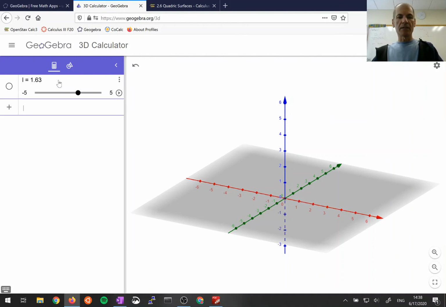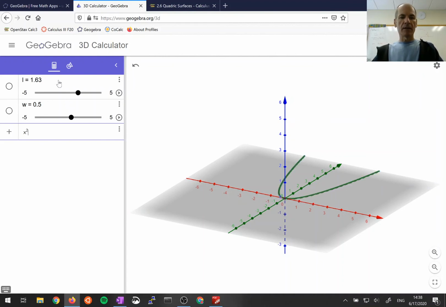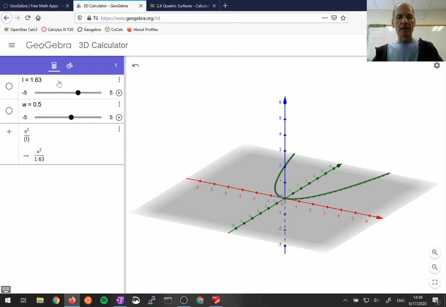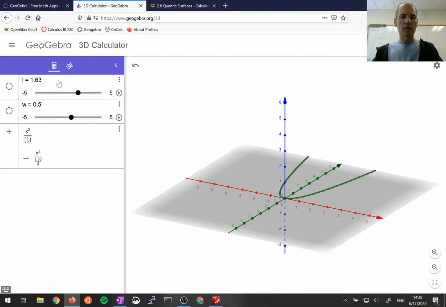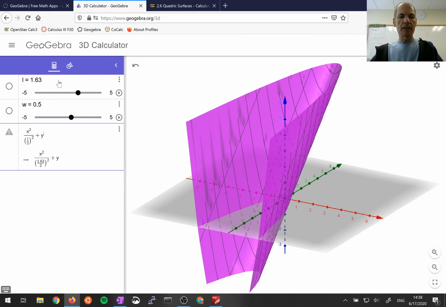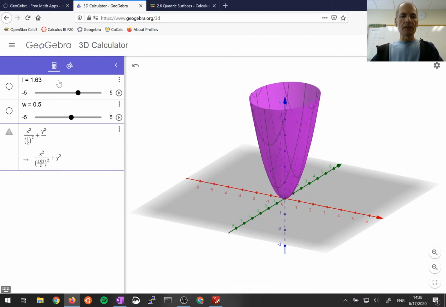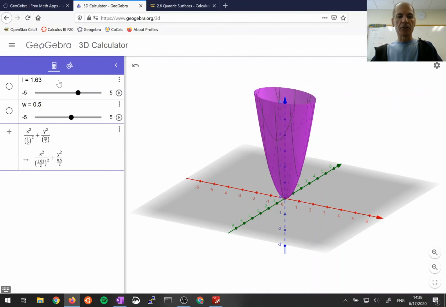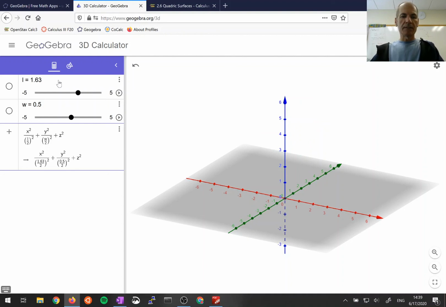I know that W is equal to 0.5, and the equation is of the form x squared divided by the quantity L over 2 quantity squared, plus y squared divided by the quantity W over 2 squared, plus z squared divided by the quantity W over 2 squared, equals 1.